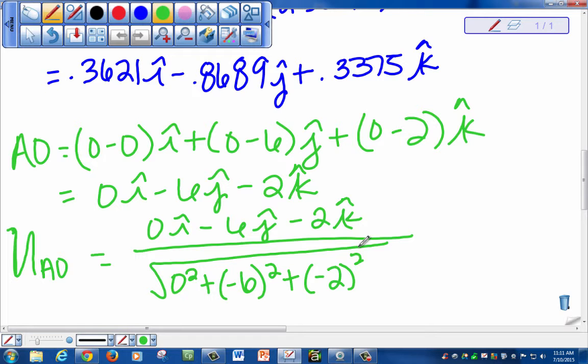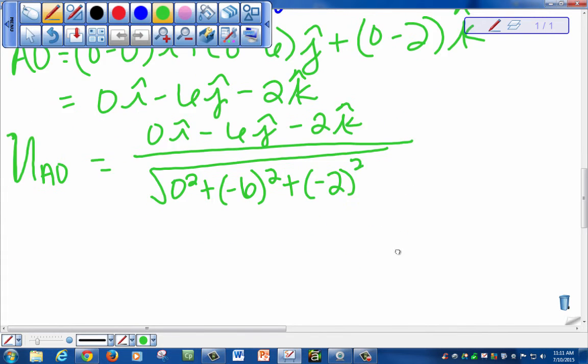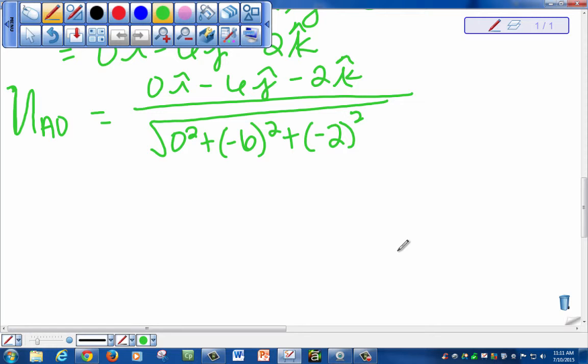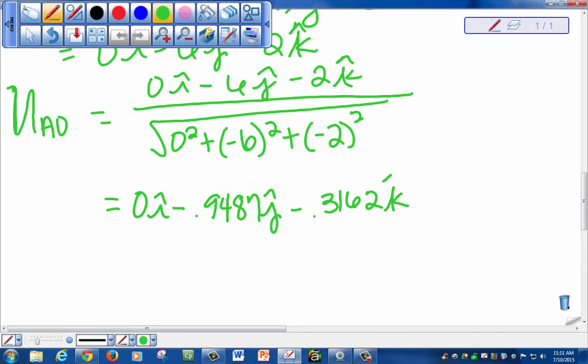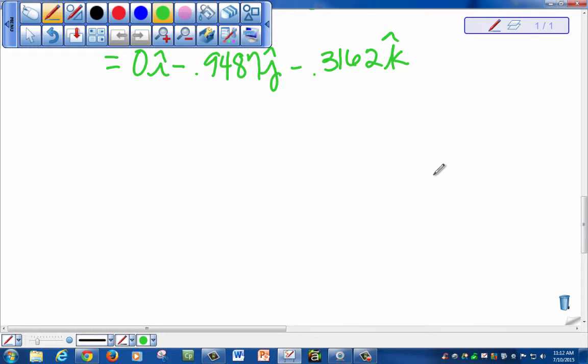You can just say 6 and 2 because the square of both of those values are still going to be the same. So here, we can say that this now equals 0i minus 0.9487j minus 0.3162k.